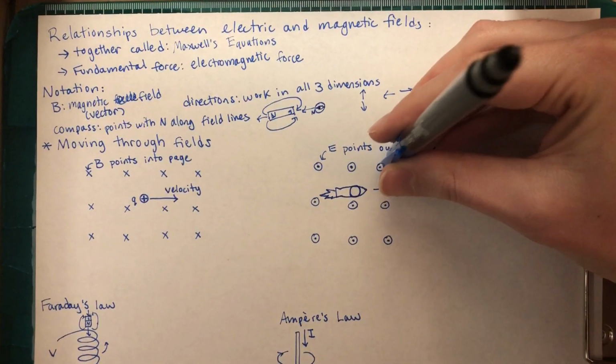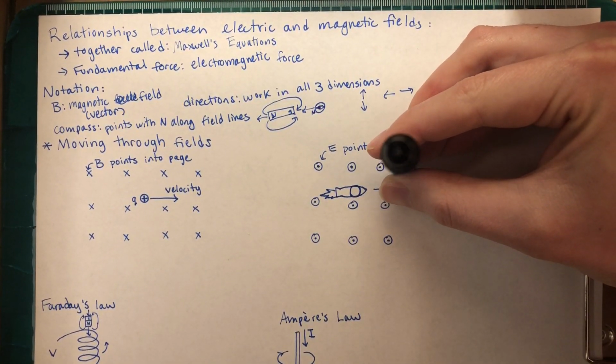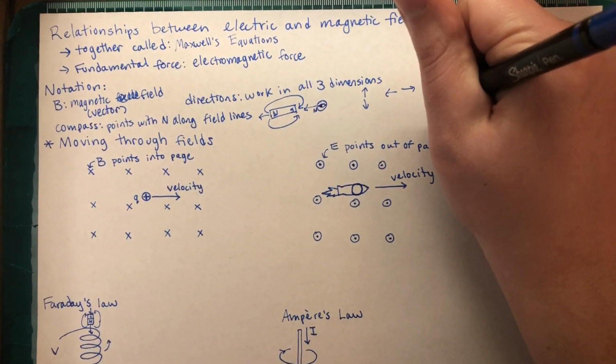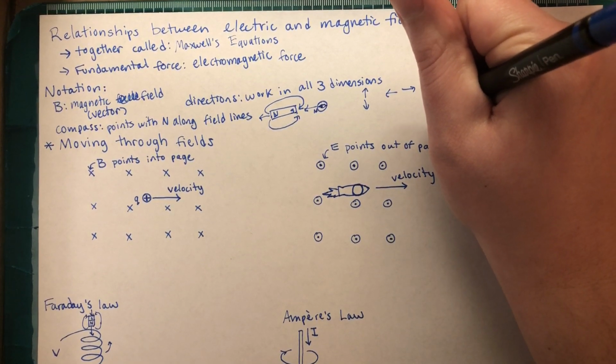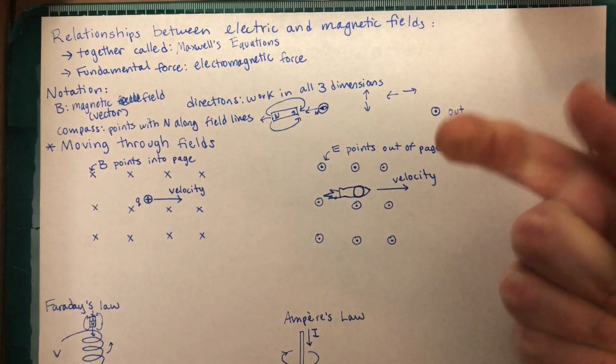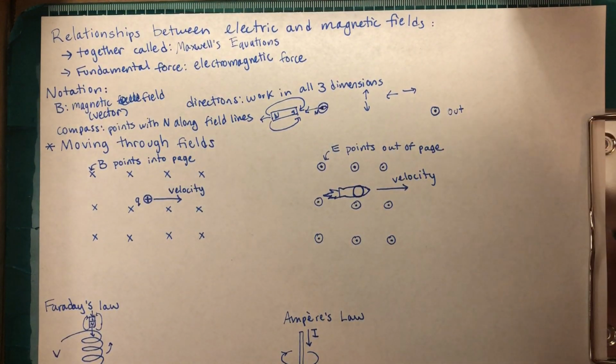And you can probably see on my pen, it makes a circle with a dot. So the symbol that we use for out of the page is a circle with a dot, meaning up or this direction.